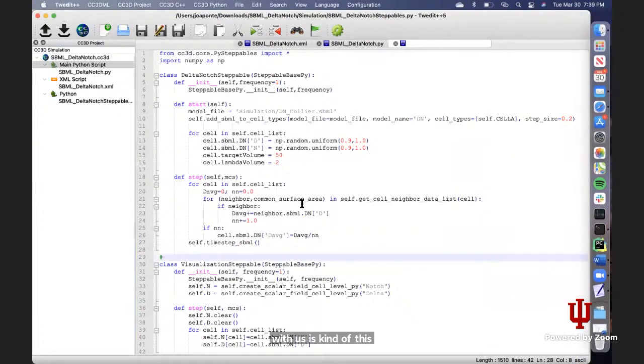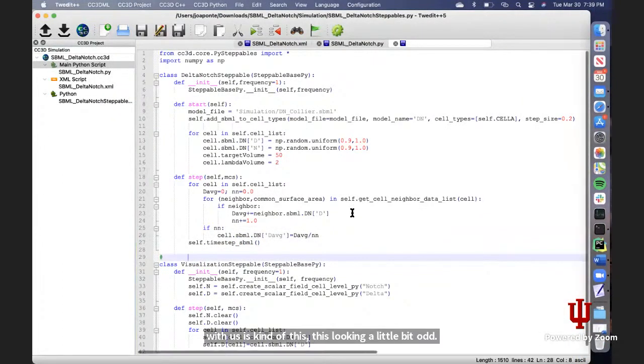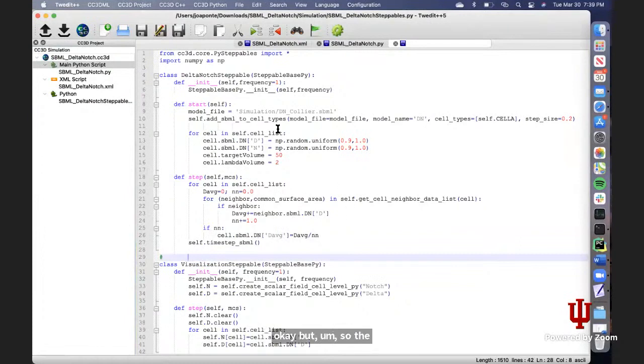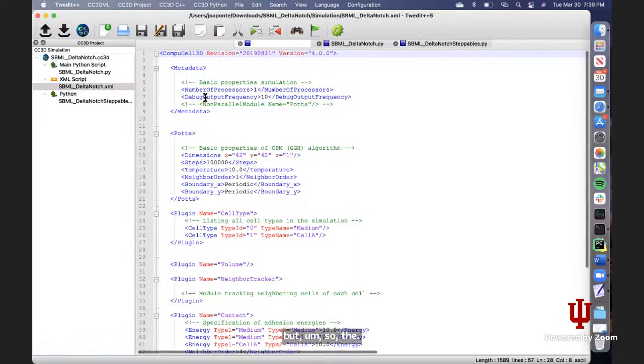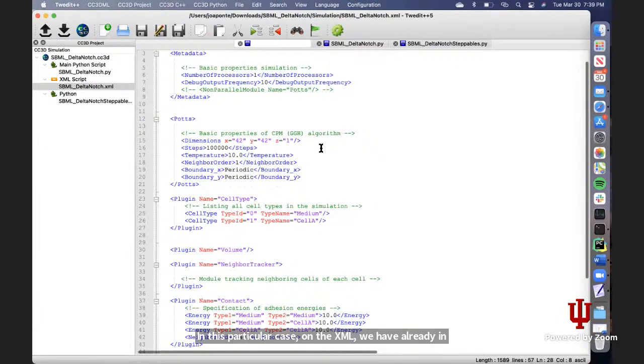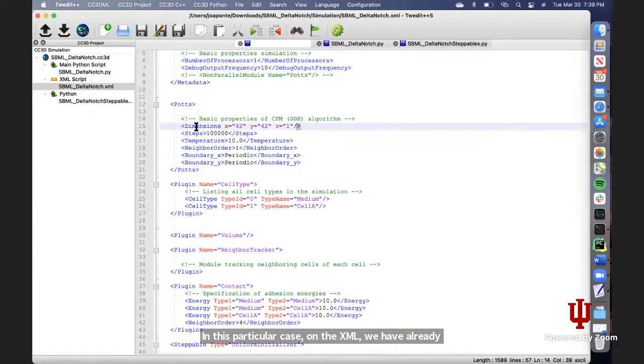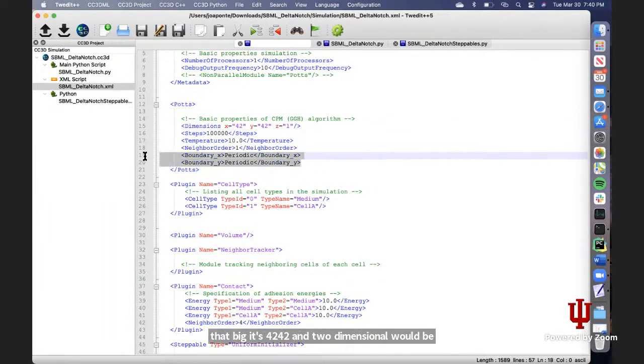Okay, in this particular case, in the XML, we have already initialized a simulation domain that is actually not that big. It's 42 by 42 and 2-dimensional with periodic boundaries on the X and Y axis.